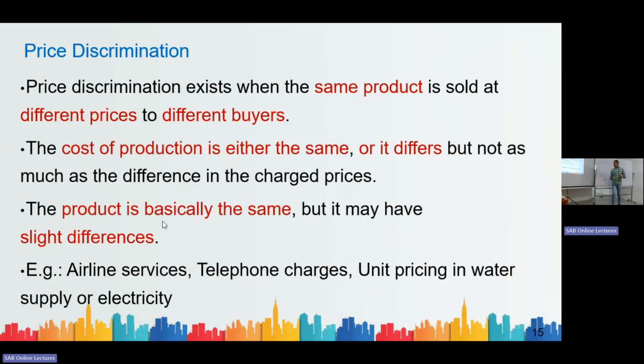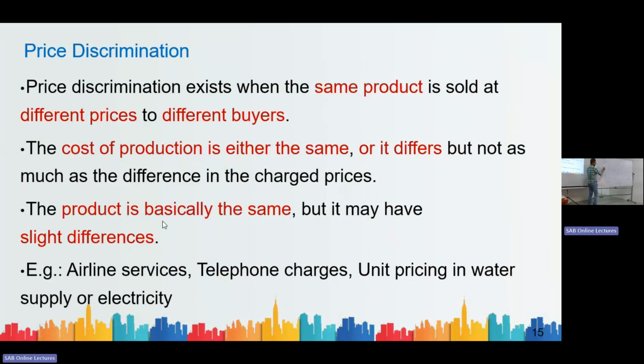Or the cost may be the same. Like here, let's say a firm produces vodka. Because of a specific reason, the vodka company sells a bottle of vodka at a lower price here. The same product is sold at a higher price in a different location.